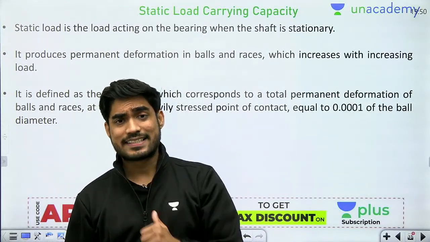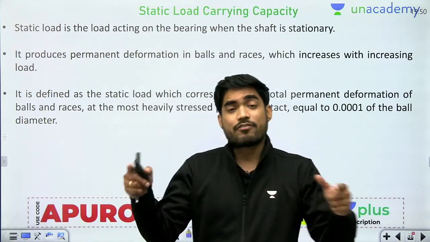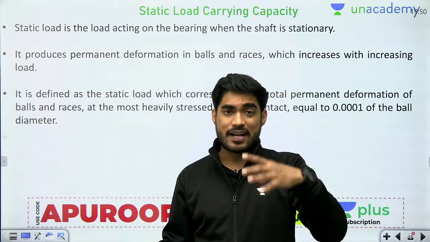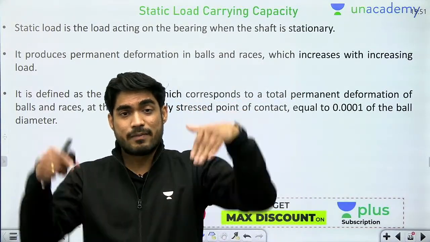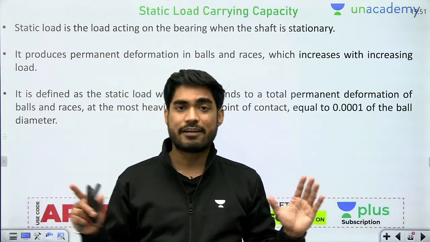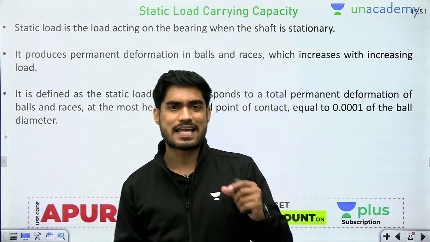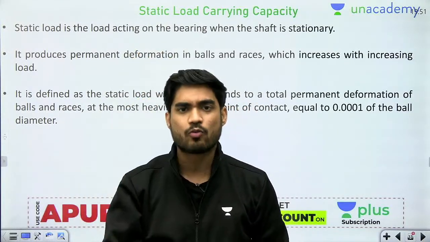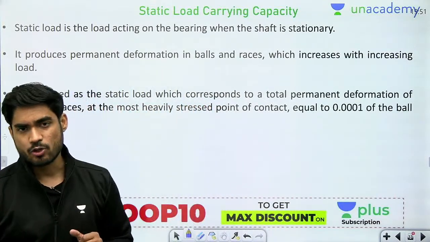Now if the shaft is stationary, which load will be acting on it? The weight of the shaft, and the weight of all the devices mounted on the shaft, all of these will be acting on the shaft. Even though the shaft is not moving and not transferring any power, the weights of all these elements are still acting on the shaft in the downward, vertical direction. So these are known as static load.